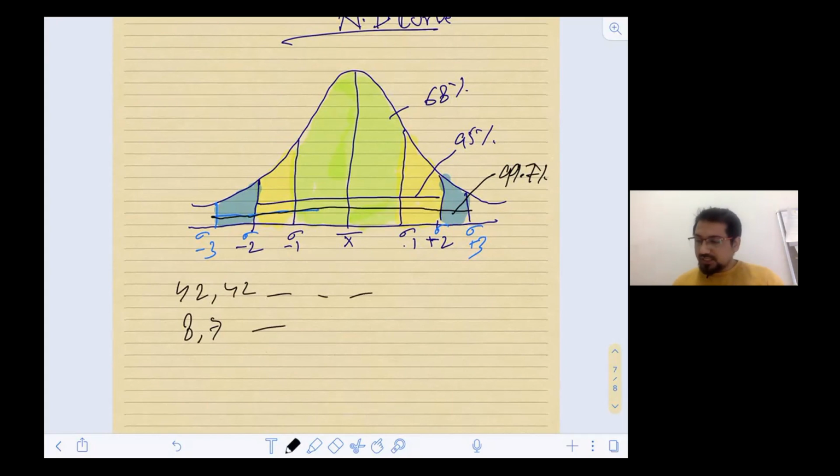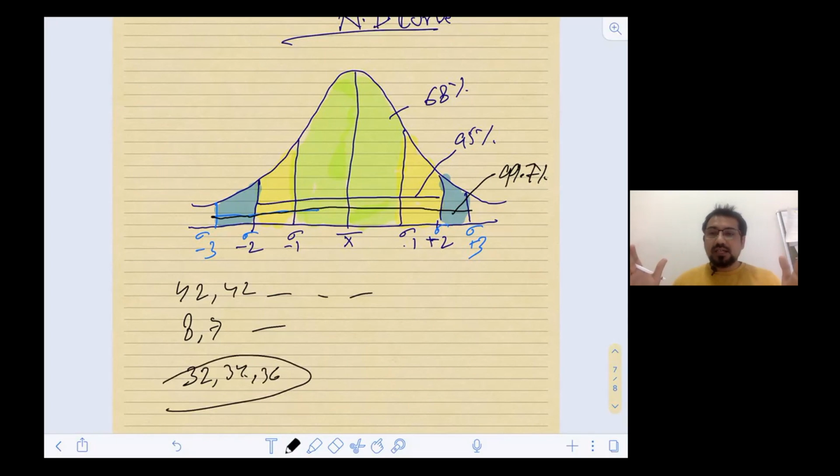When you buy jeans, you would definitely find waist 34 or 32 or 36. Why? Because of the normal distribution. They figure out the average height of people, or the average size of the feet, with the help of the normal distribution.